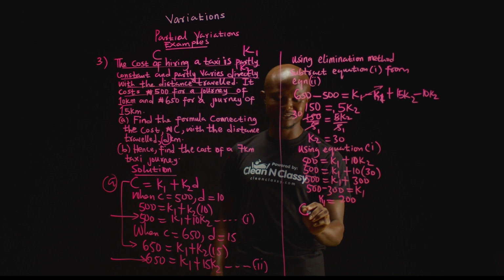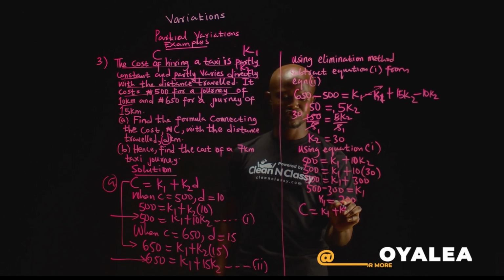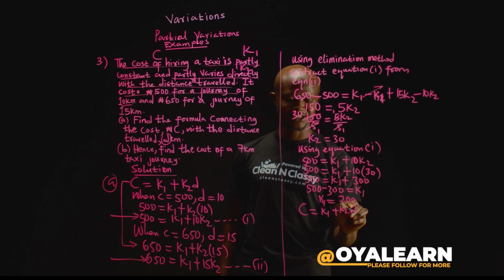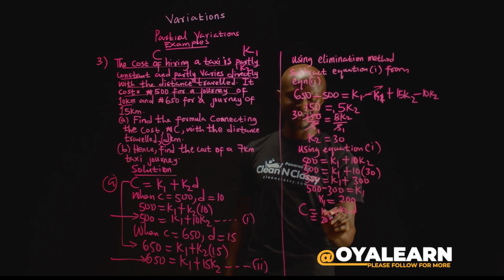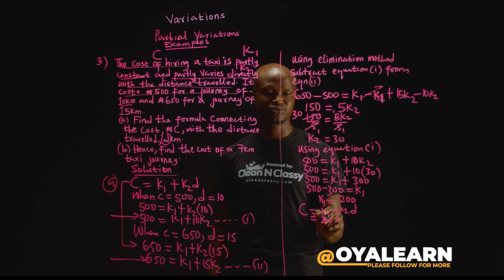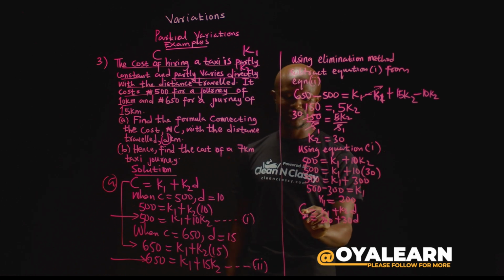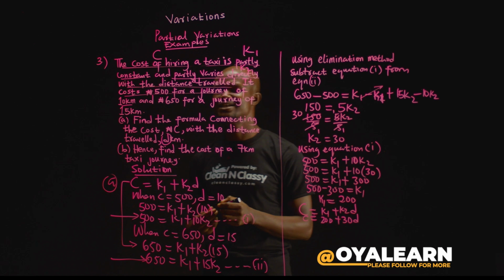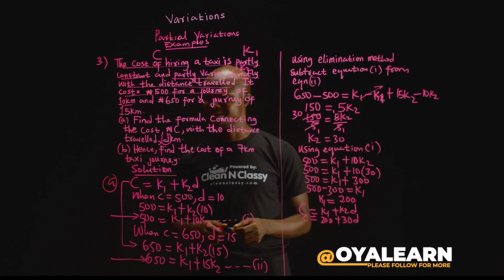From this, we have C equals K1 plus K2D. K1 is 200, plus K2, which equals 30, so we have 30D. So C equals 200 plus 30D is the equation connecting C and D.